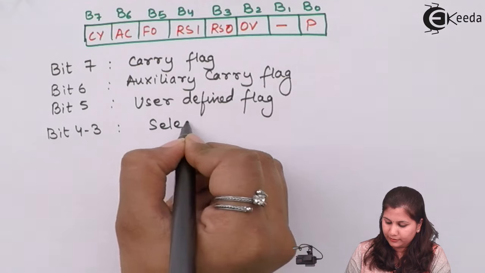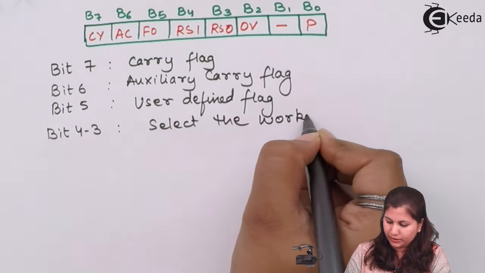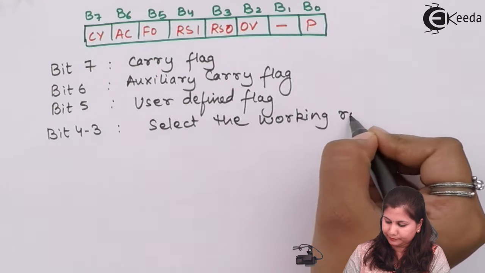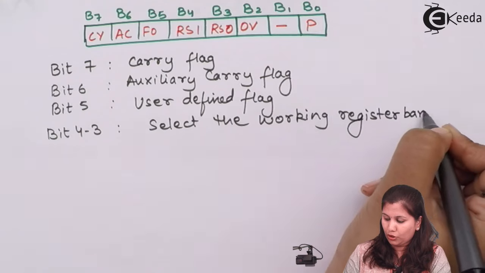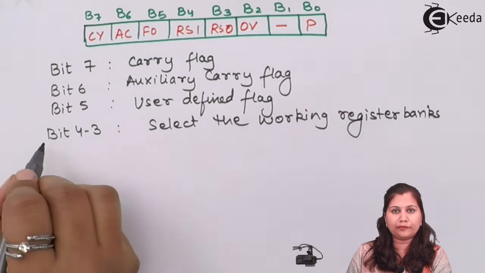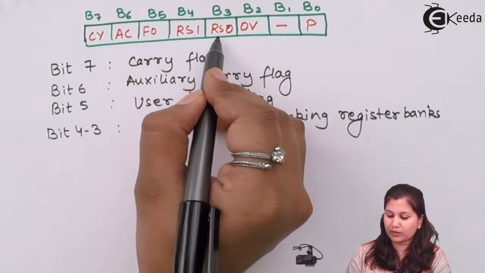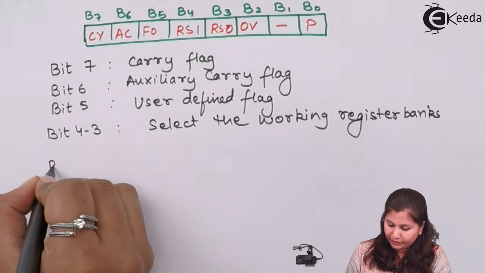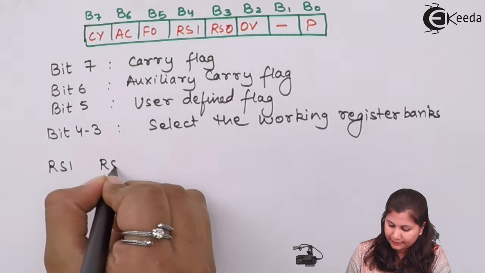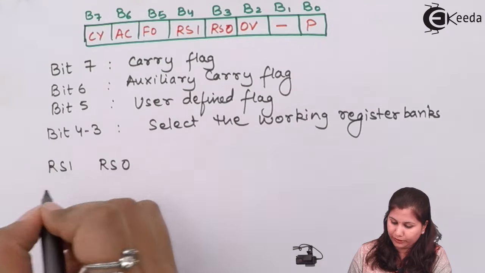Bit 4 and bit 3 select the working register banks. There are 2 bits here, so they can take different values like 0 0, 0 1, 1 0 and 1 1. Let's see how you select the banks. This is RS1, bit 4, and RS0, bit 3.